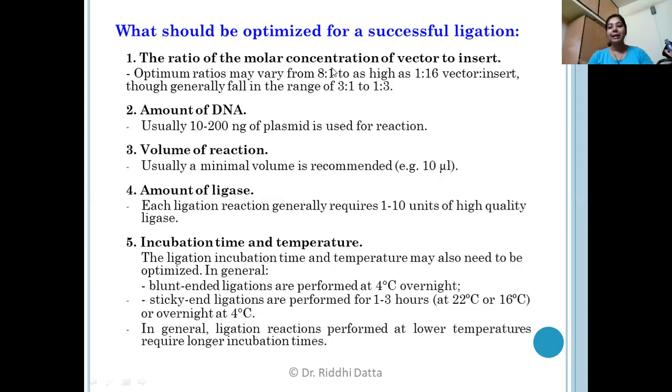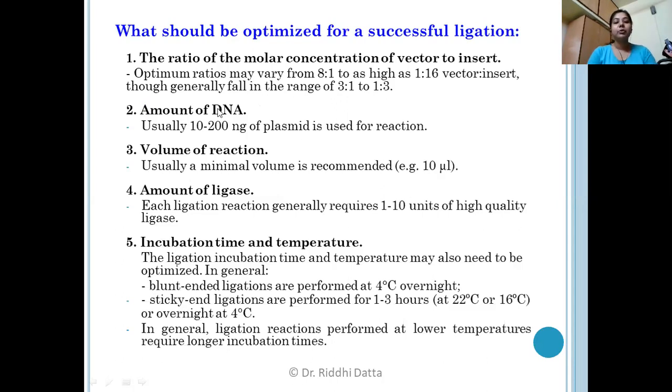There is a wide range of ratios that we can use, and that may vary from 8:1 to 1:16, which is huge. But the most commonly used ratio is 3:1 or 1:3 or 1:6. But again, we have to optimize this ratio according to our case, our insert and our vector.